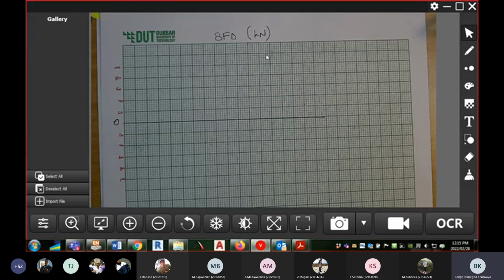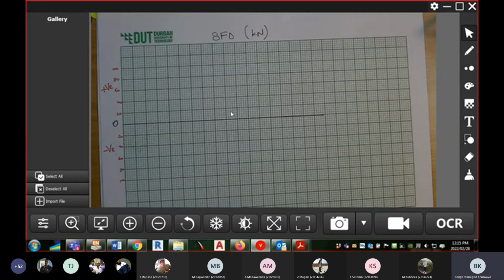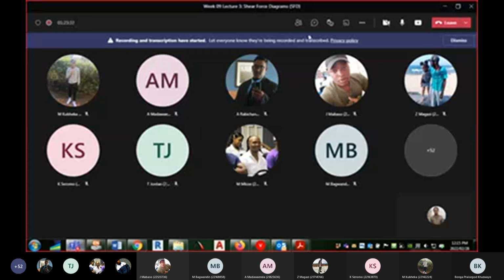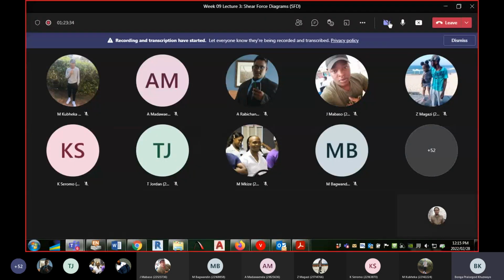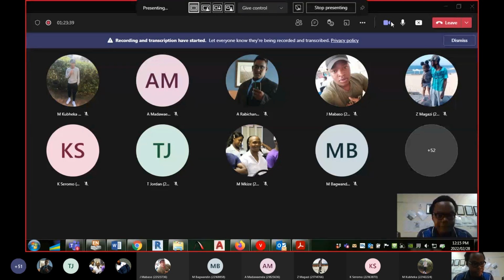We draw positive shear above the 0 line, negative shear below the 0 line. Okay, positive shear above the 0 line, negative shear below the 0 line. Any questions so far? Because I need to make sure that we are all on the same page. Any questions so far? Can we proceed?